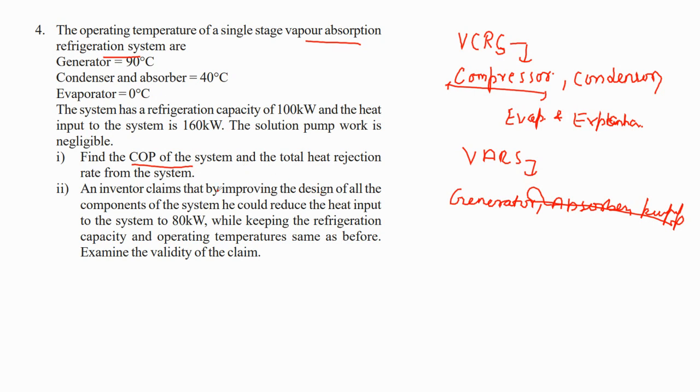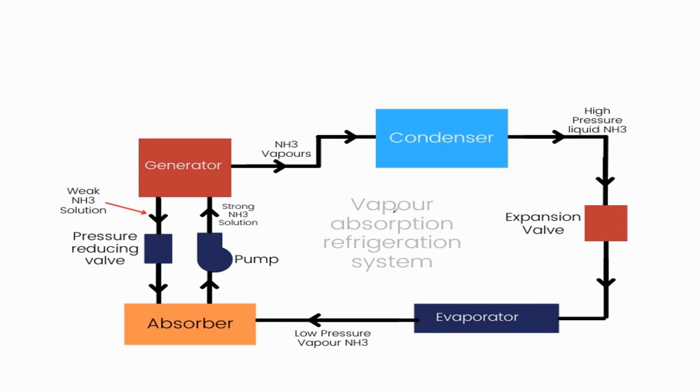So first we have to calculate the COP of the system. Let's look at a vapor absorption refrigeration system. This is how it looks. We replace the compressor part by this part: generator, absorber, pump, and a pressure reducing valve.